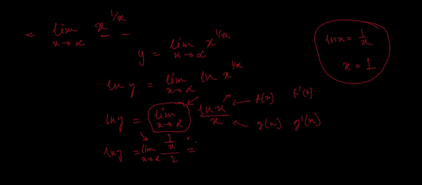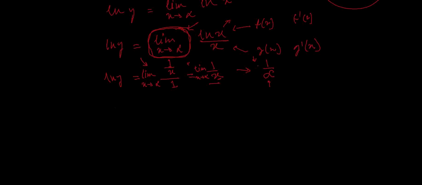So we write 1 by x, still with the limit as x tends to infinity, and after this step we substitute x with infinity, and this is exactly when we can stop writing the limit notation, because we have just substituted x for the limit.